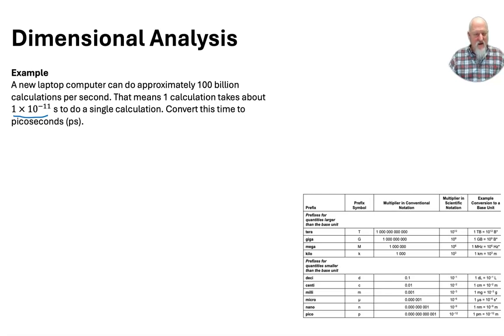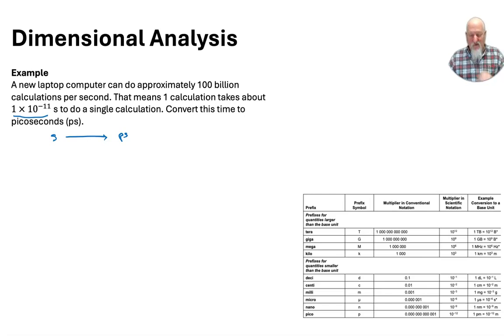So this is seconds, and I want to go to picoseconds, because the pico prefix is p. We're not changing anything else. We're still using time, seconds to picoseconds, in the metric system. The only thing we're changing here is the prefix.